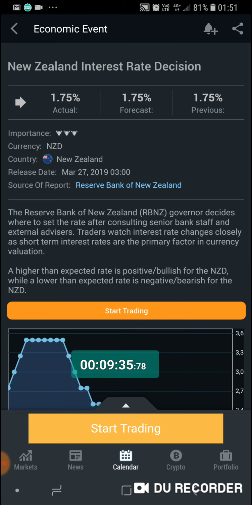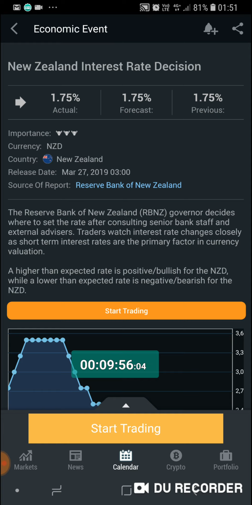Now, the Reserve Bank of New Zealand, the governor decides where to set the rate after consulting senior bank staff and external advisors. Traders watch interest rate changes closely as short-term interest rates are a primary factor in currency valuation. Do you understand?